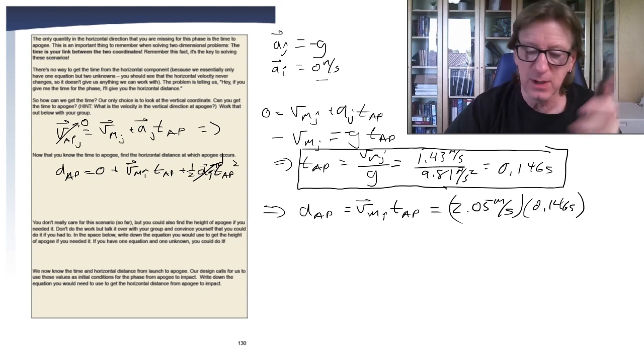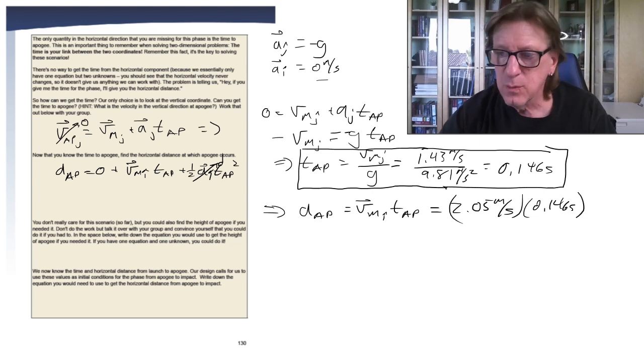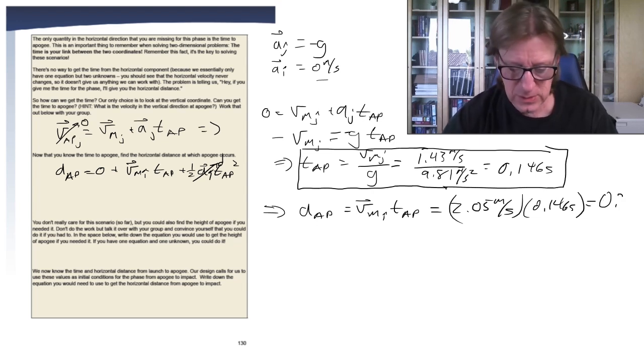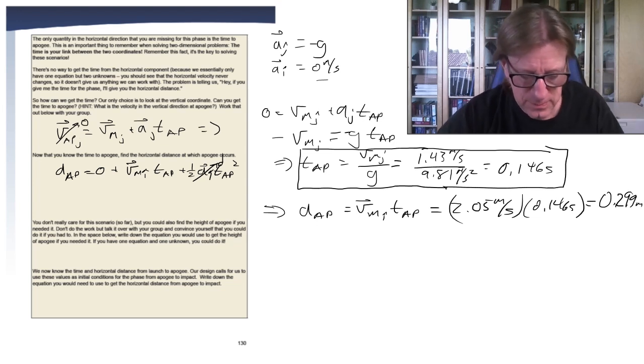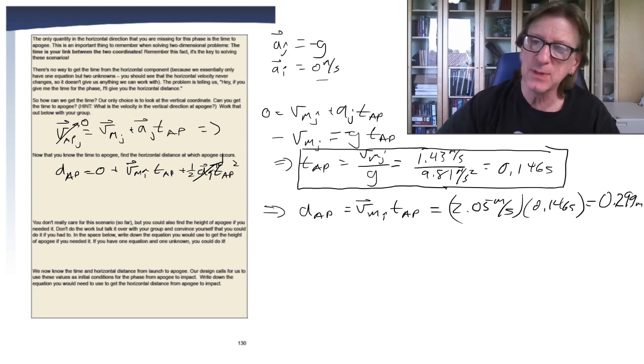Putting that in the calculator, we get that d_ap is going to be 0.299 meters. Okay, see if you get the same thing.